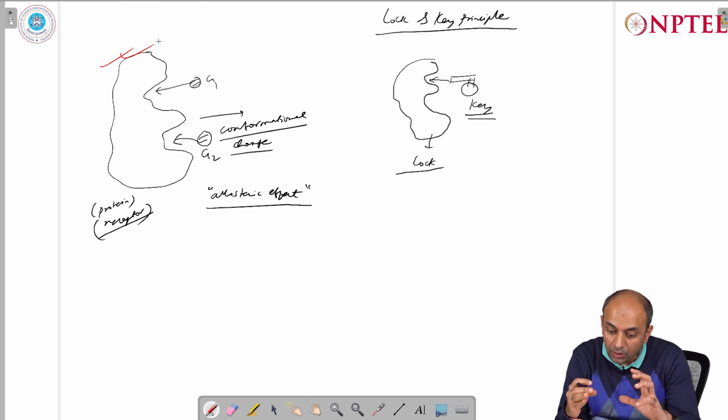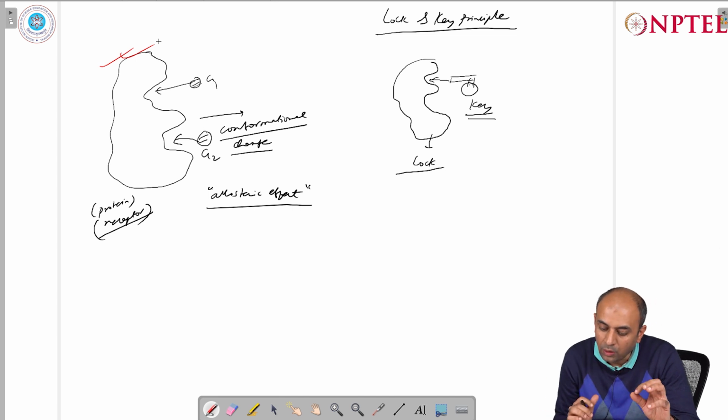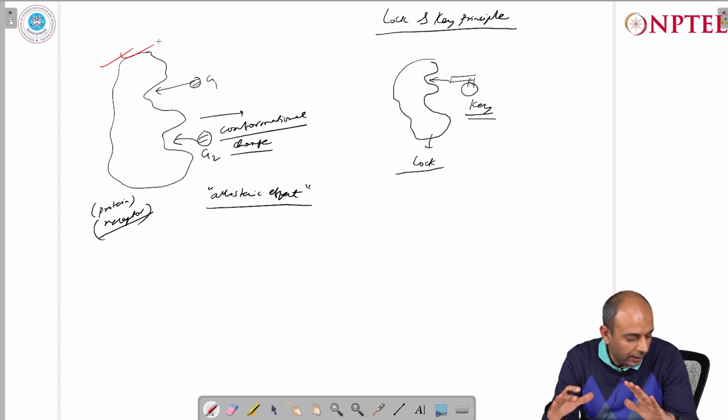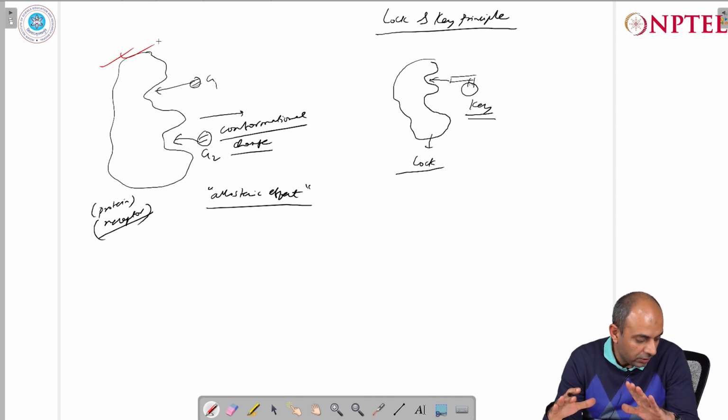But we also need to keep in mind that positive cooperativity and negative cooperativity are also operational in solution when you talk about multiple guest binding or multiple equivalents of a given ligand binding with the host structure, which is the protein. So, the lock and key principle assumes a highly restrictive and frozen geometry, which is not true.